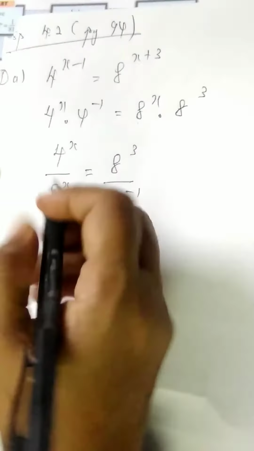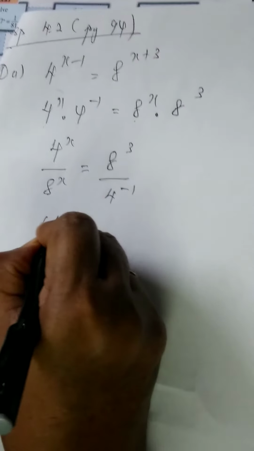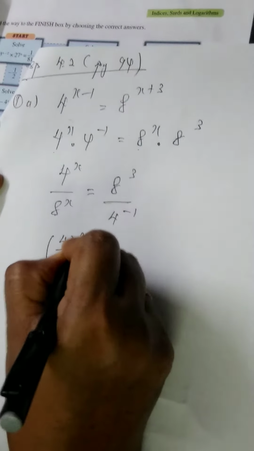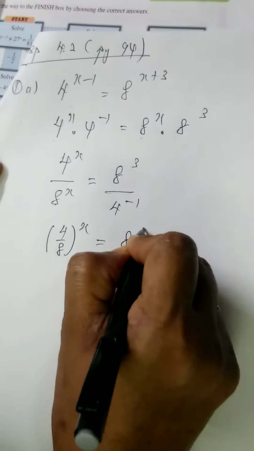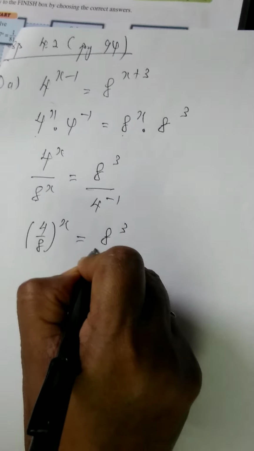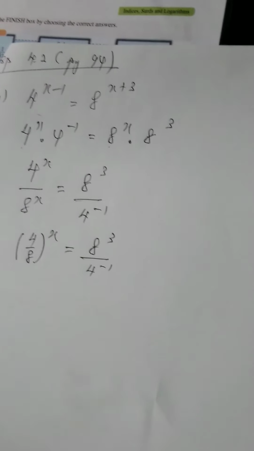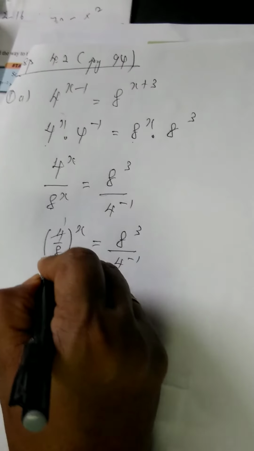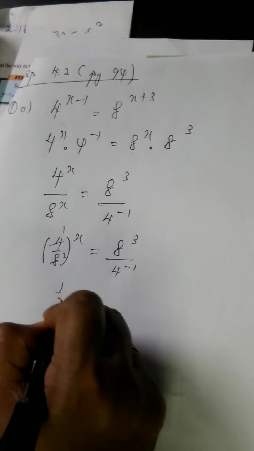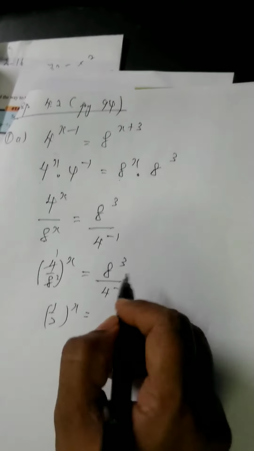Now 4 to the power of x, 8 to the power of x. Now this can be written as this. And on this side, 8 to the power of 3. This is still 4 to the power of negative 1. So this becomes 1 over 2x. What we can do down here is 8 to the power of 3.